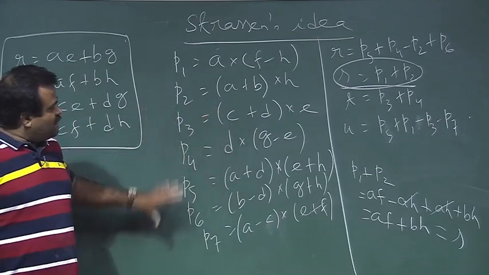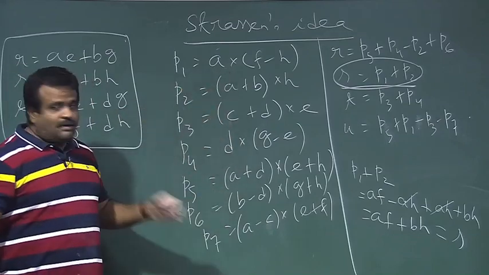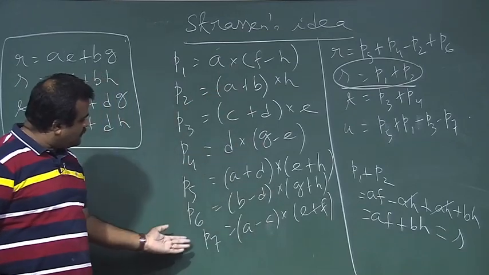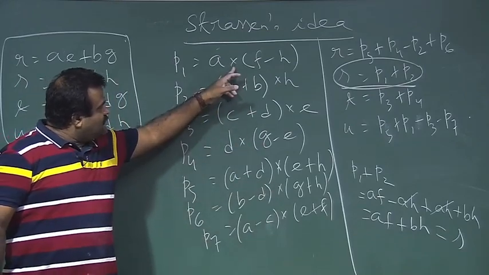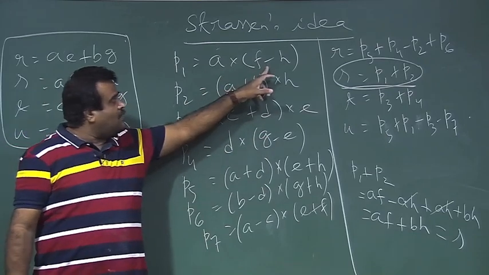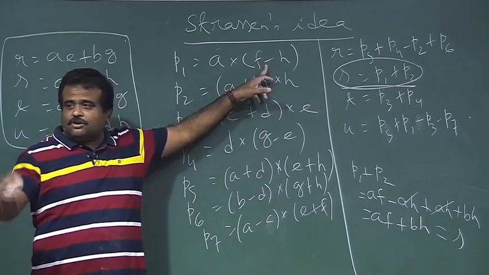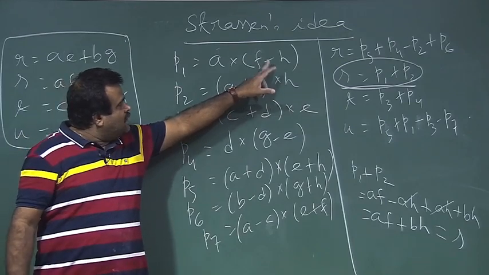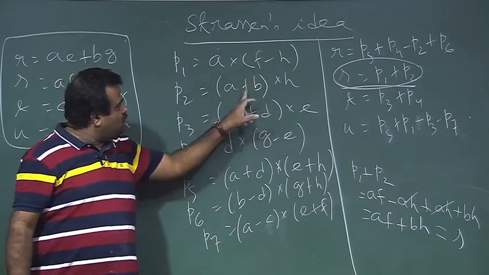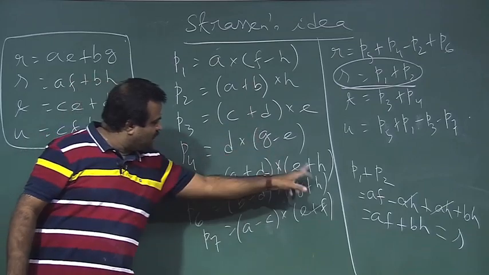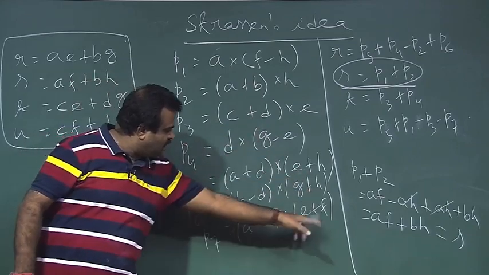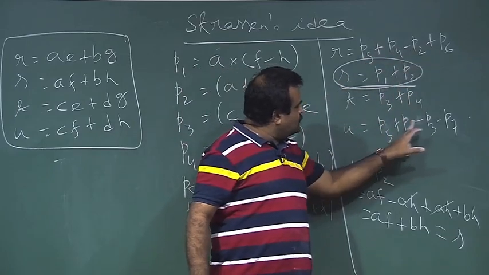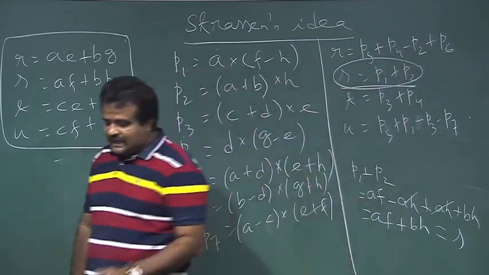This idea is given by Strassen. Basically, instead of 8 multiplications, we have 7 multiplications. There are 7 terms and each term has 1 multiplication, but with a cost of more additions. Subtraction is also addition. How many additions? 1, 2, 3, up to 18.